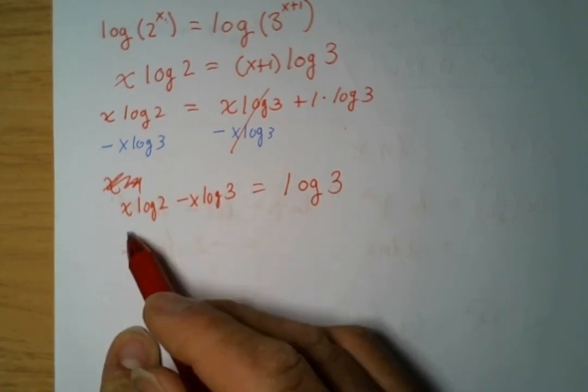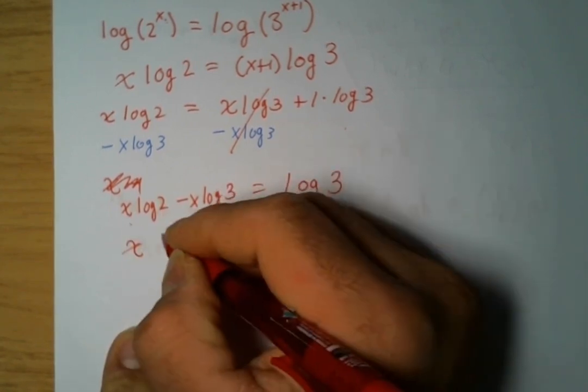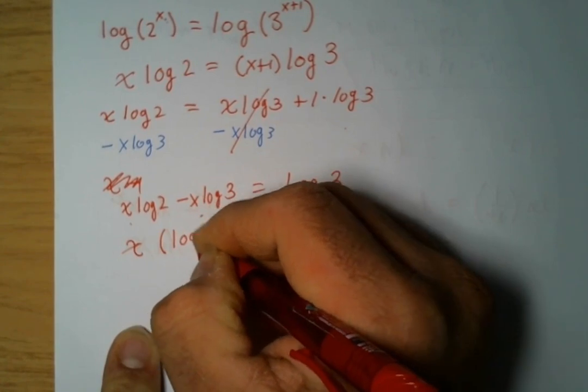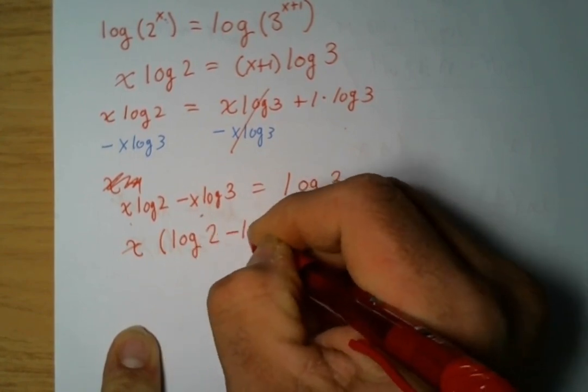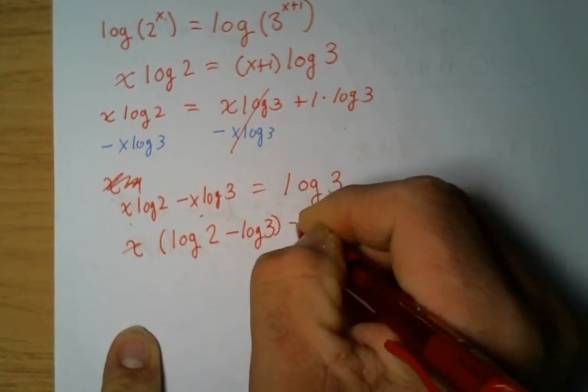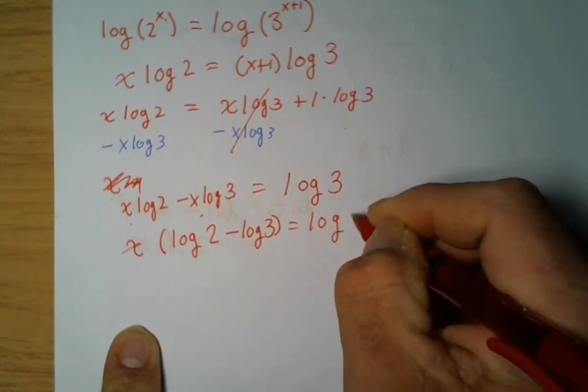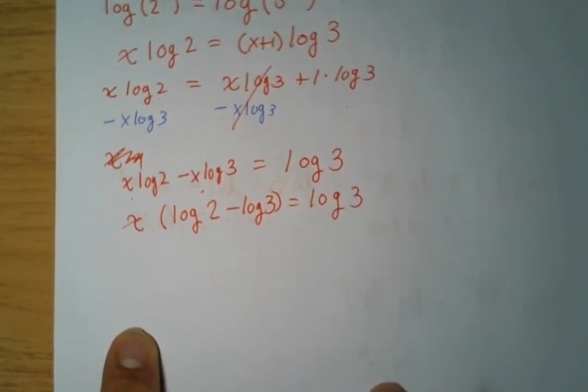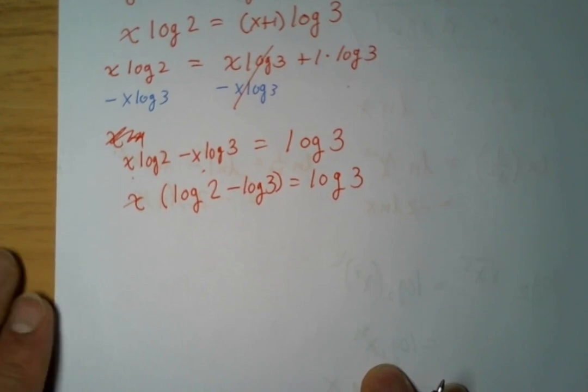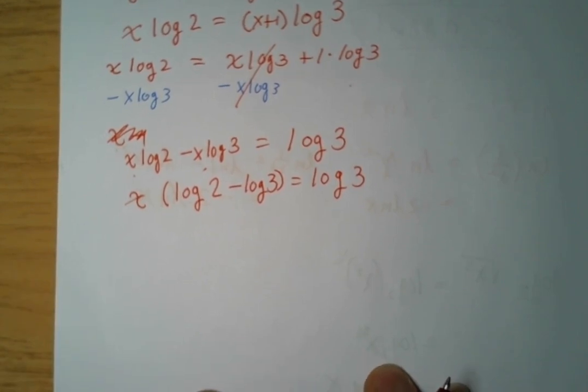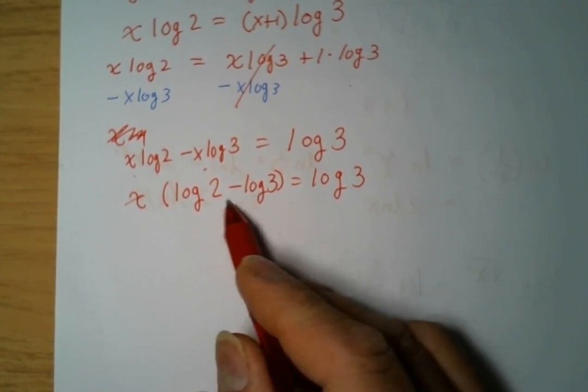What I notice now is they have a common factor of x. So I'm going to factor out that x, and that leaves me with this quantity here. Now I'm going to use properties of logs.